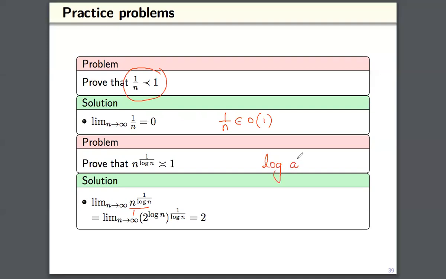Log of AB is equal to log A plus log B. Log of A power B is equal to B log A, and n is equal to 2 power log n. Some of these are very basic things. Base 2 here, base 2 here. So n can be written as 2 power log n.